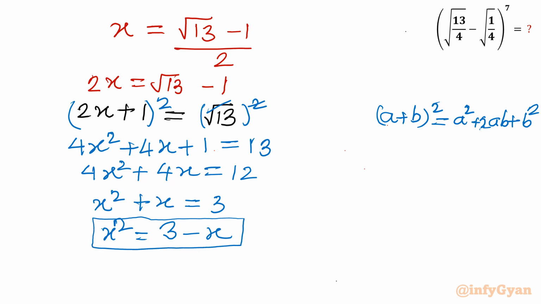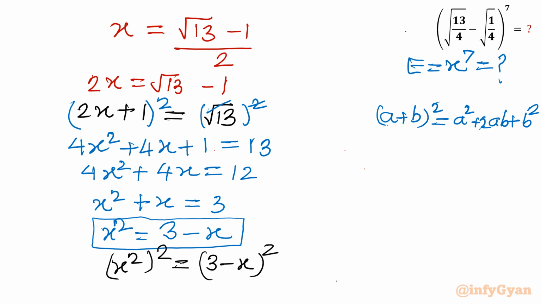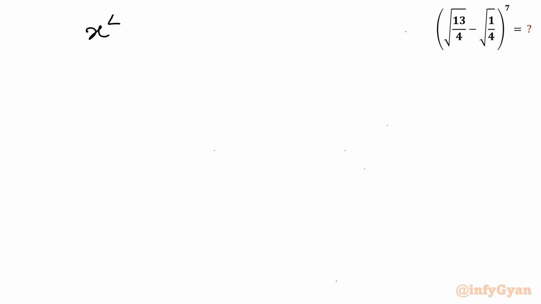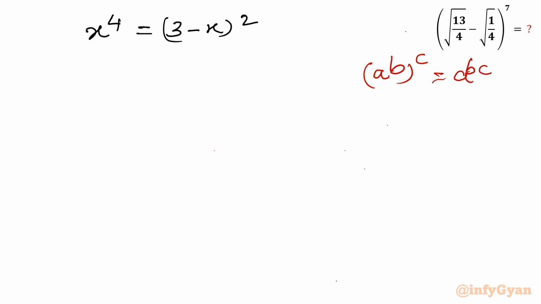Now x square is equal to 3 minus x, and we have to find out x power 7. Again I will take the square of this equation. So I will be writing x square whole square equal to 3 minus x whole square. So I can write here x power 4 equal to 3 minus x whole square, using the exponent property a power b whole power c, we multiply the powers b times c.